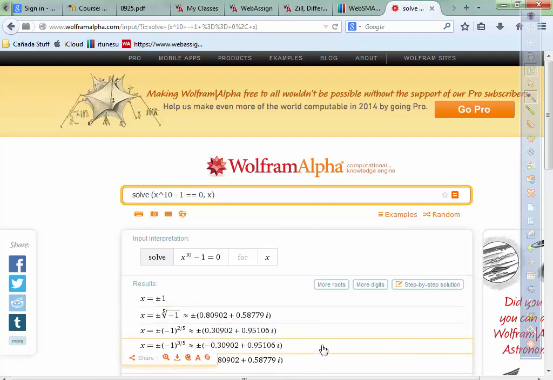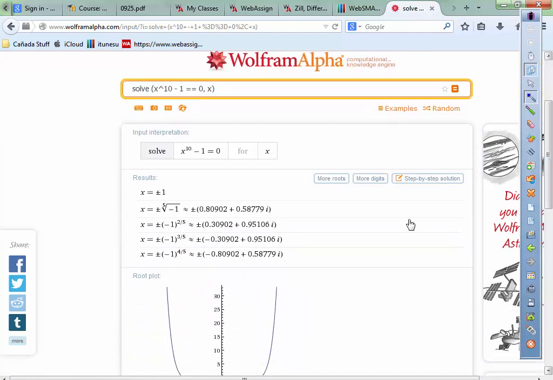So they make this a little bit nicer because they actually write it as complex numbers. So you have a bunch of complex numbers here.